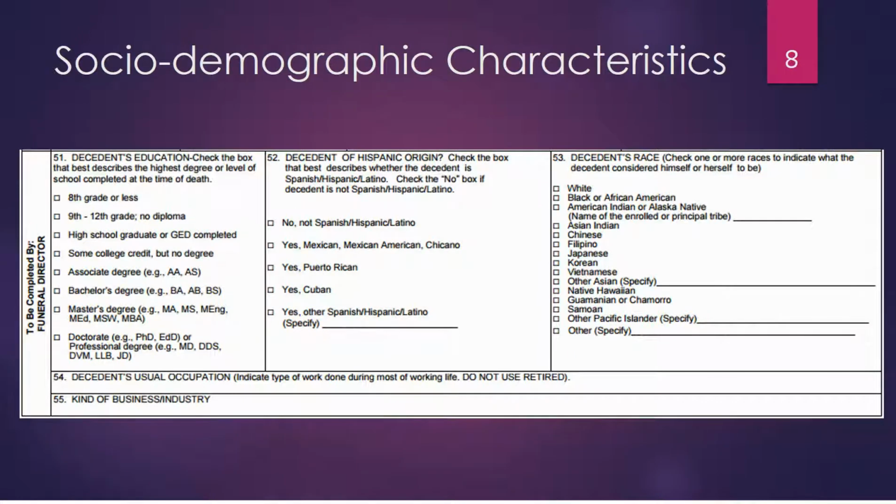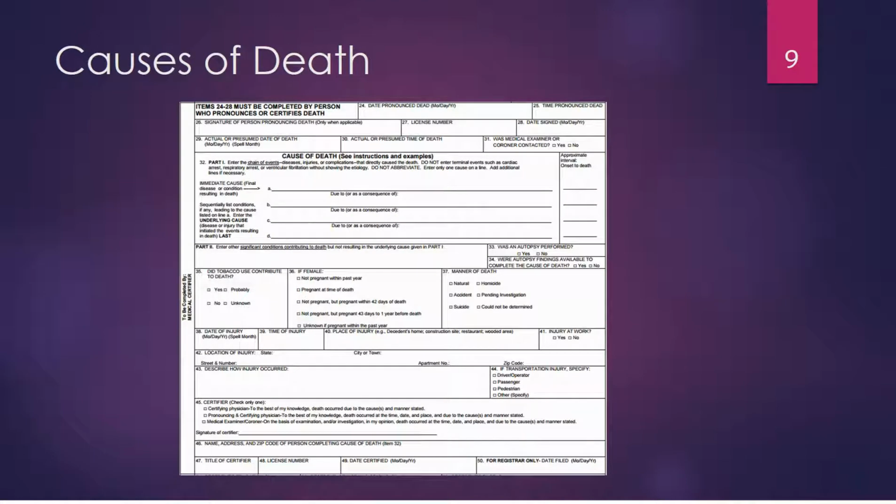Here are some of the socio-demographic characteristics collected by the decedent's proxy: education, race, and Hispanic ethnicity, and also occupation and injury. The cause of death information is provided by the attending physician.